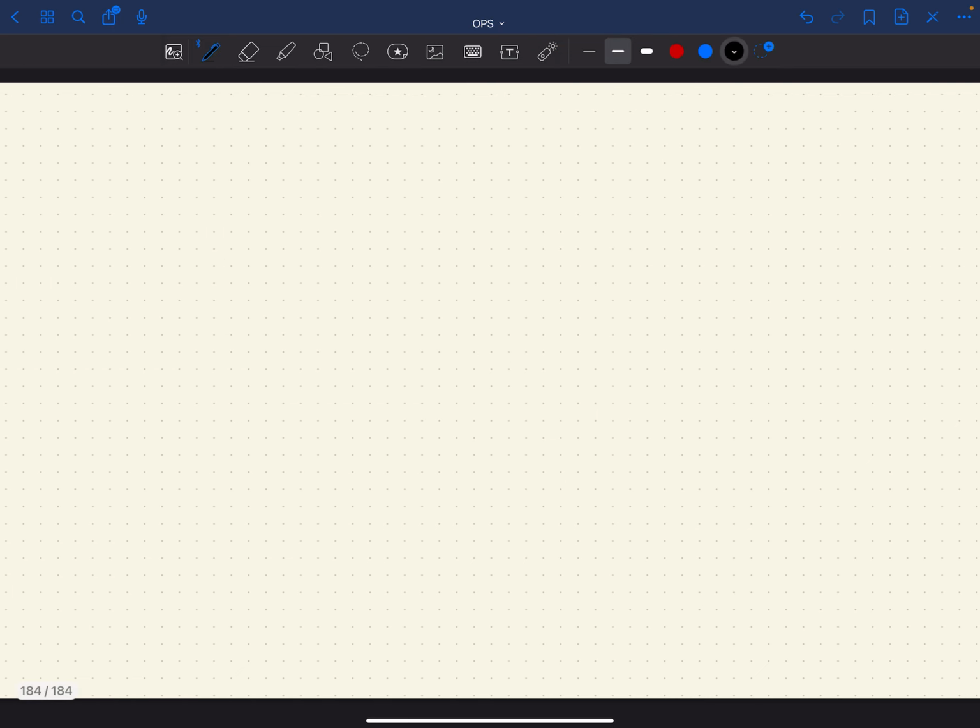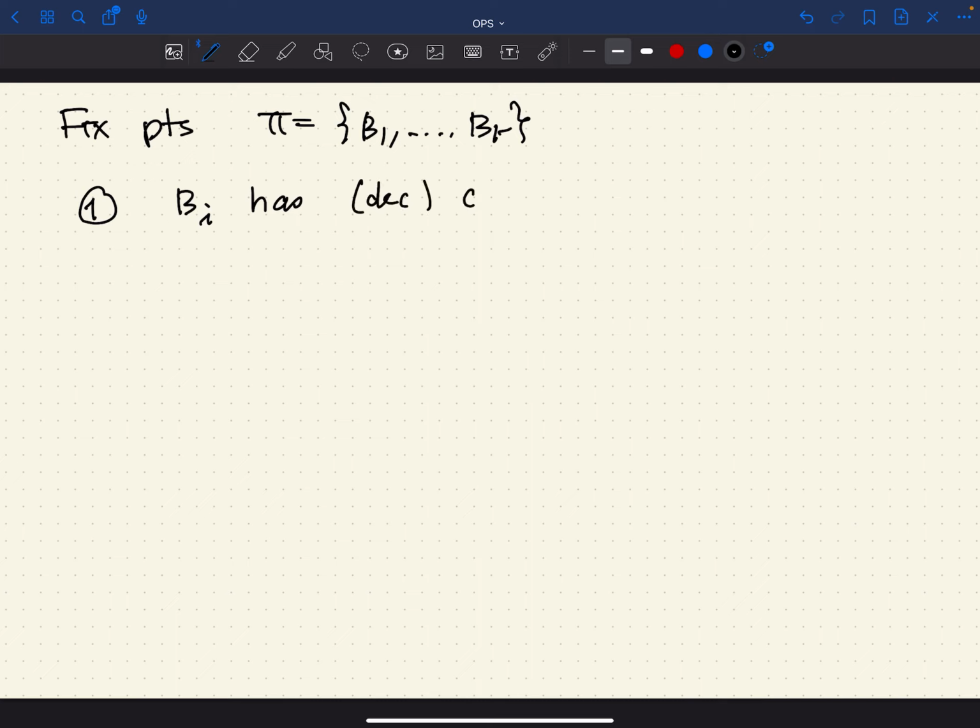Yeah, I think I'm running out of time, so fixed point means that first, B_i has cycles decorated, cycles of length 1, and also size must be greater than or equal to 2, because if the size is 1, then it will be cancelled in step 1.